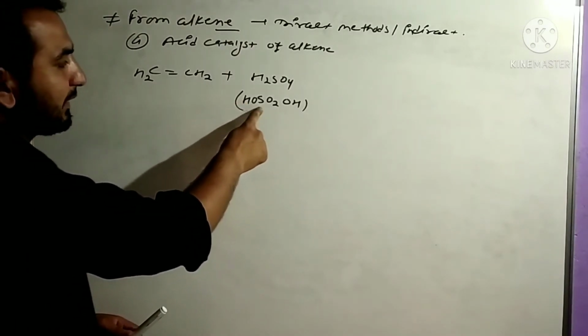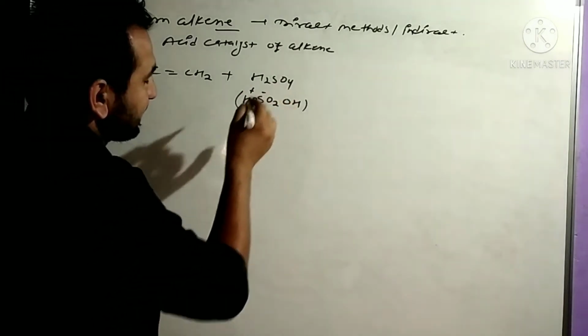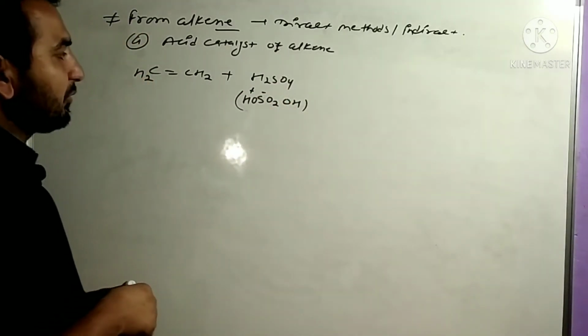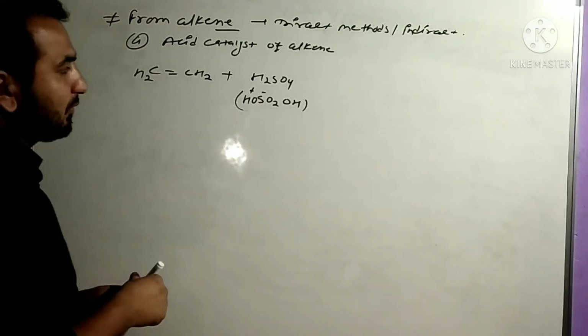So here there are two parts. One is the plus part and one is the negative part. We all know that the plus part and negative part, wherever you add them in this alkene, there is no effect.